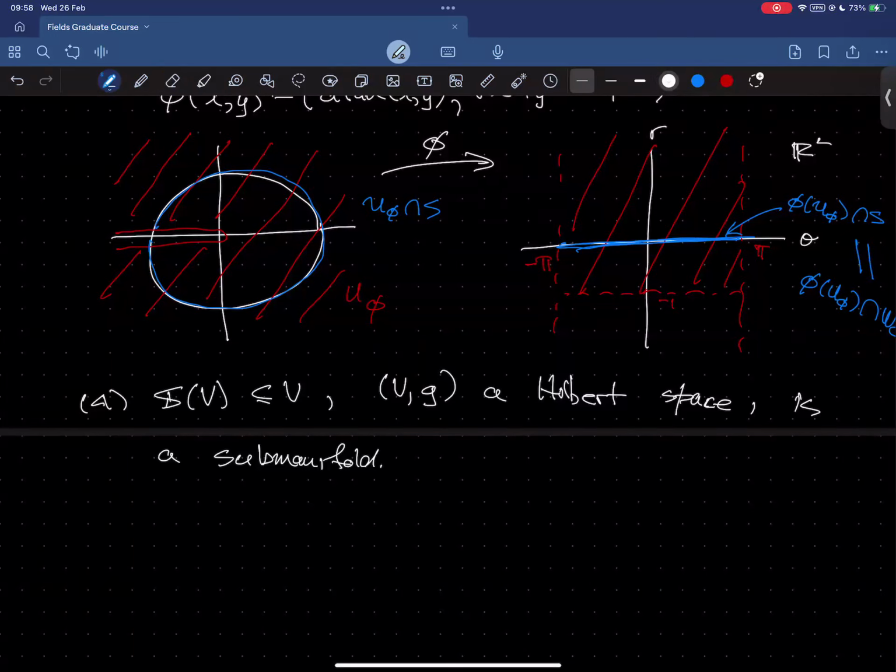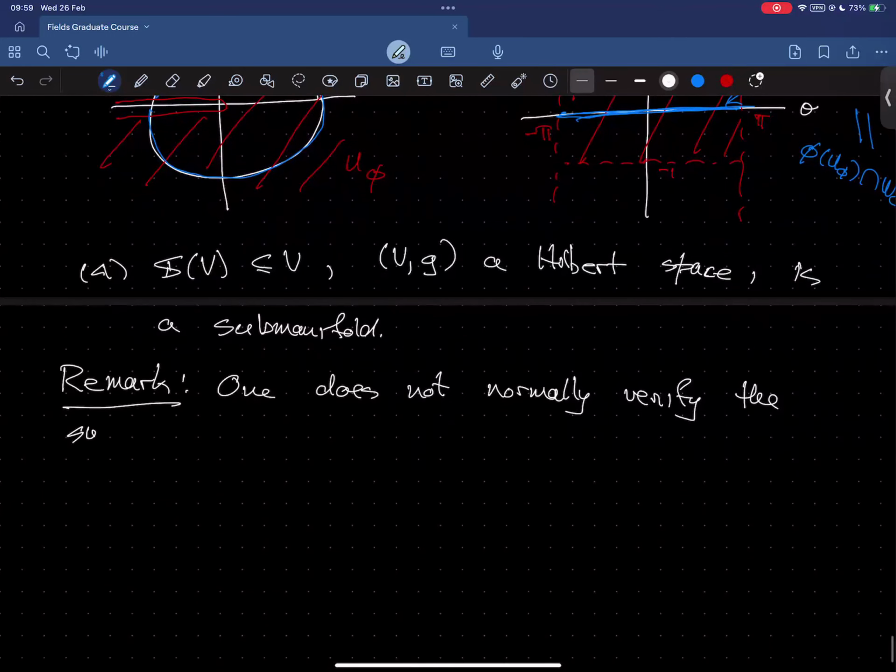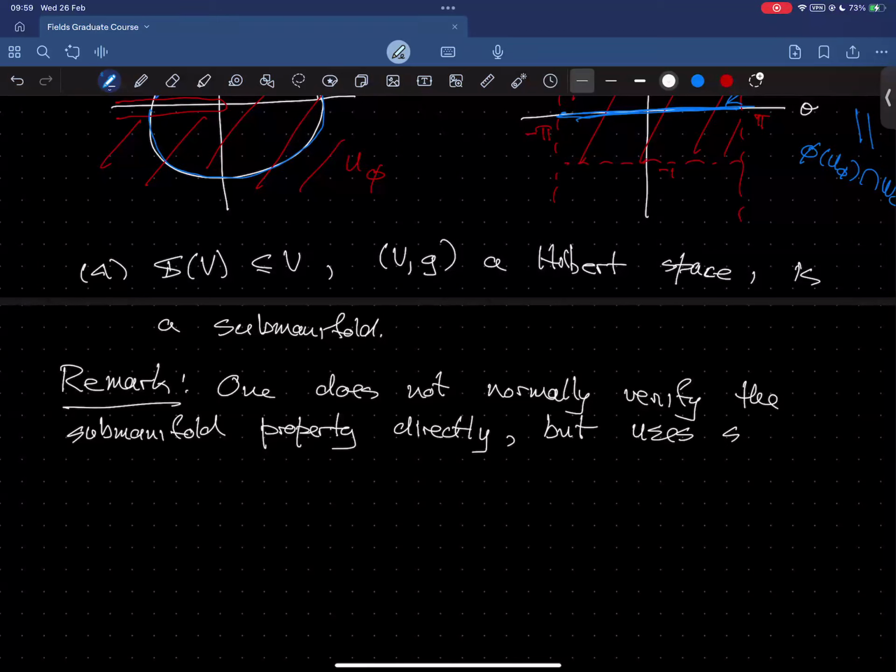So let me just say, remark: one does not normally verify the submanifold property directly, but uses something like the implicit function theorem.